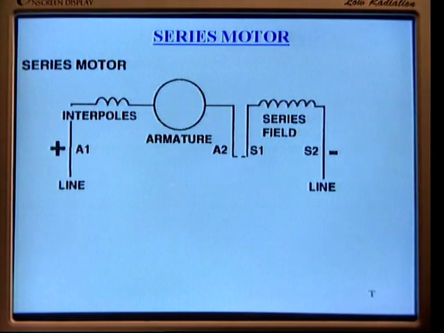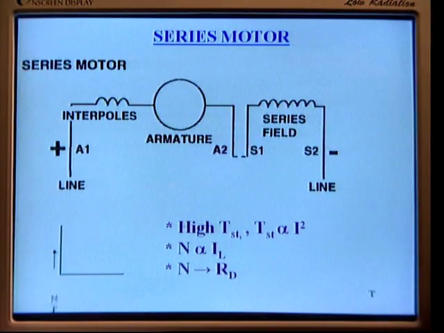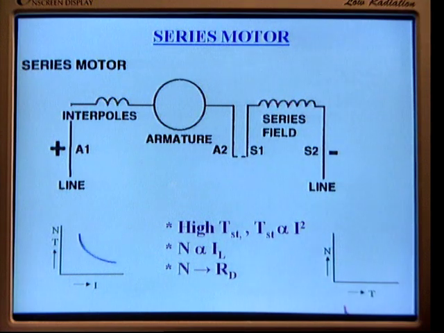Now, let us go to the DC motor. It is a very familiar motor. You have seen in second year its principle, construction and basic characteristics. At a glance you can see here the armature, series field and interpoles, the electrical characteristics and the mechanical characteristics.